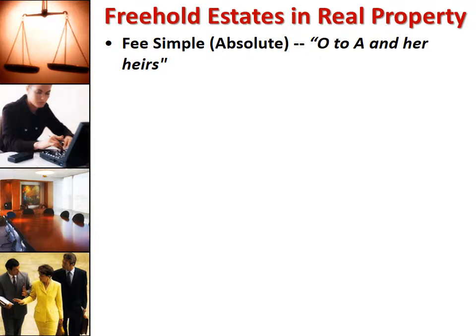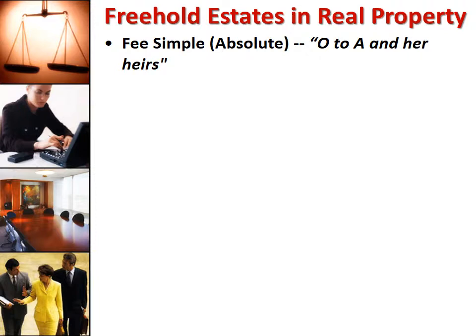Now, the simplest kind of freehold estate, and this is what we're going to concentrate on for most of this lecture series, is what's known as the fee simple absolute. Now, these words come from Old English, so there's no modern English equivalent. We use the Old English terms in property law.